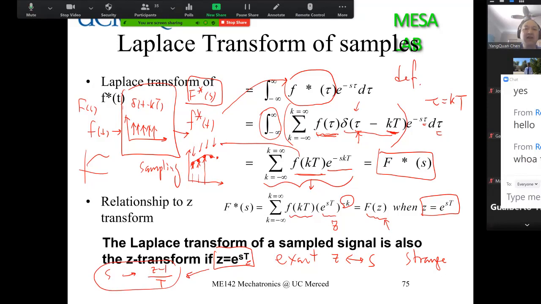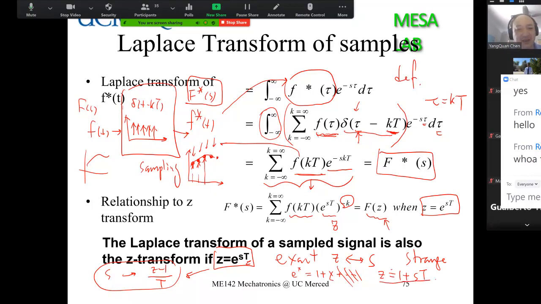Remember, e to the power of x is 1 plus x plus da da da. If we cancel everything, then we have x in here, right? x is small. So in fact, z could be written as simply 1 plus st. Do you see that? Approximated, okay?